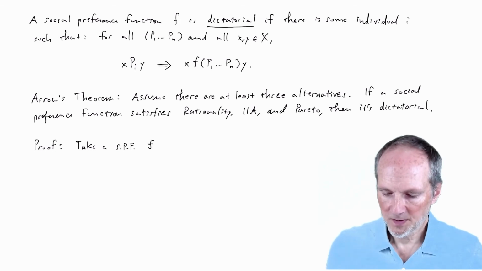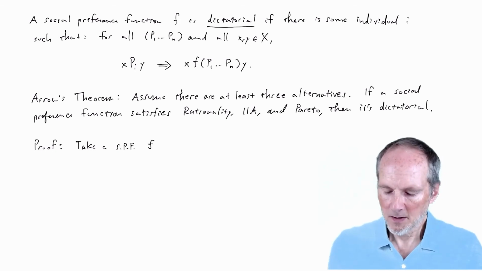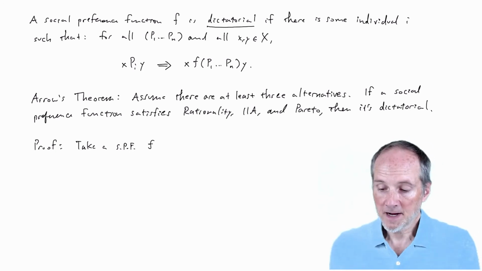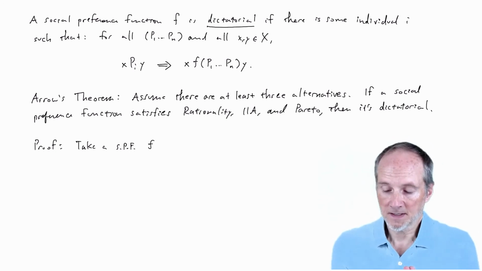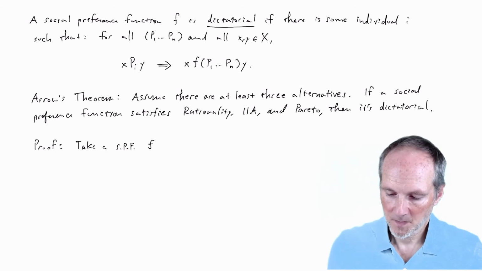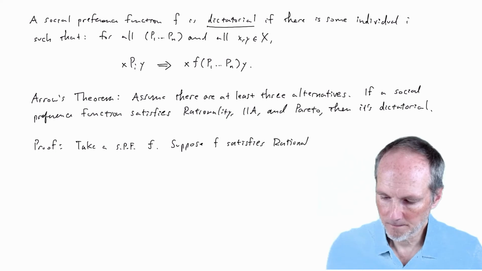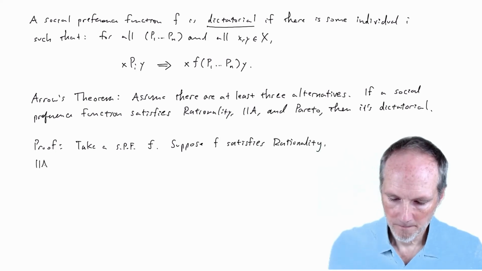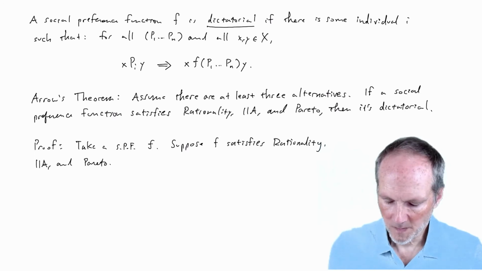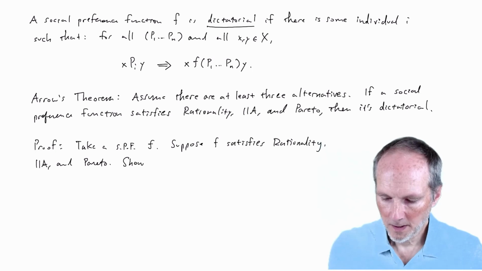And we'll use the usual notation, little f. We need to show that if it satisfies the 3 axioms, then it's dictatorial. So that's a conditional statement. So we're going to suppose the antecedent. We'll suppose that f satisfies the 3 axioms. And then we need to show there's a dictator.